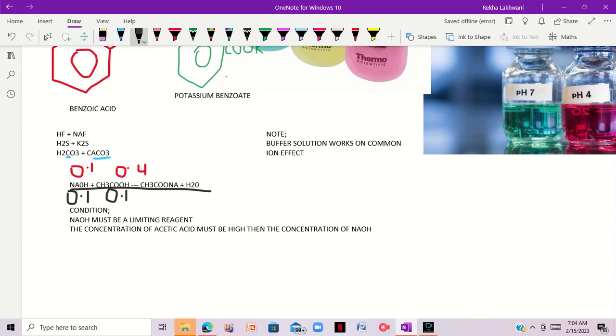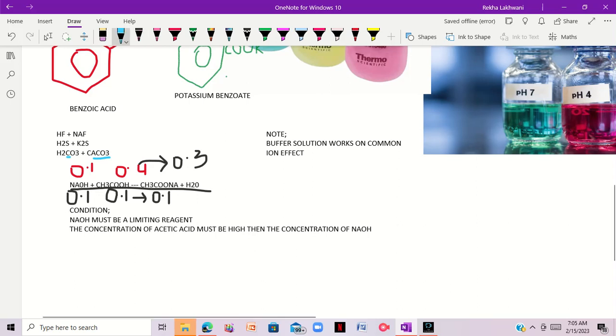So obviously they will form 0.1 sodium acetate, right? Then obviously in the last 0.3 acetic acid will be remaining, and sodium acetate 0.1 will be remaining, and this sodium hydroxide will get dissolved.